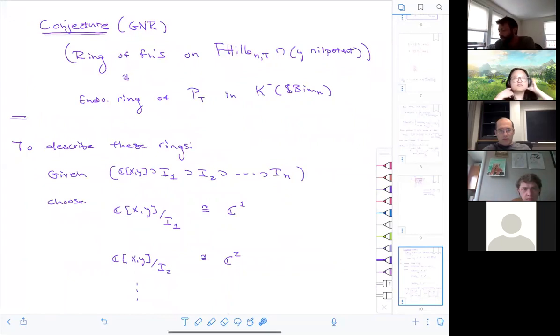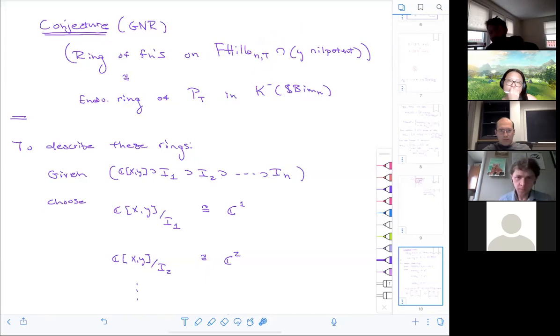The ring of functions on this subset, which turns out to be open, almost computes the endomorphism ring of the projector T. They don't quite do so because you have to restrict yourself even further from the flag Hilbert scheme to that subset on which y acts nilpotently on the quotient.